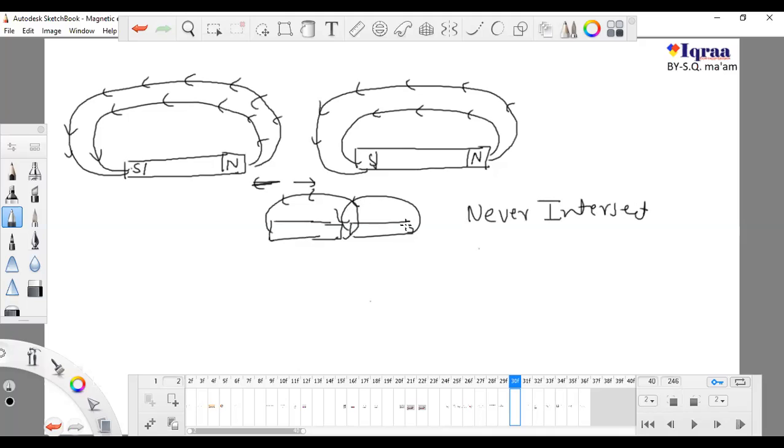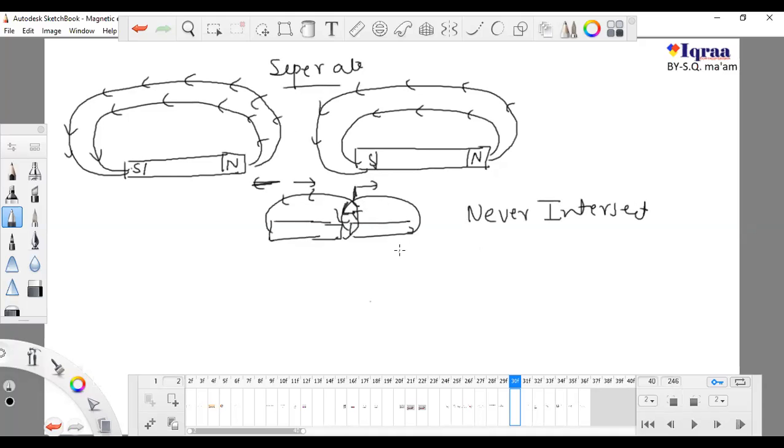It means they never cut each other, they have to be separate. Magnetic field lines have a direction, and they have to be separate from other magnetic fields. That's why in this case it has this direction, and it has this direction. So these magnetic field lines cannot cut or bypass each other.